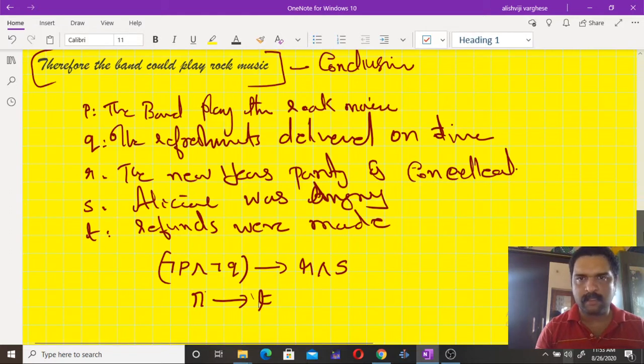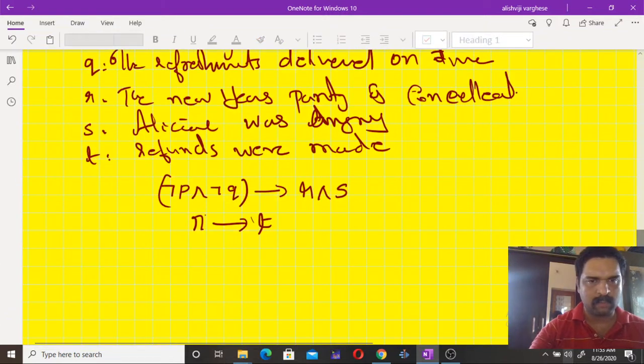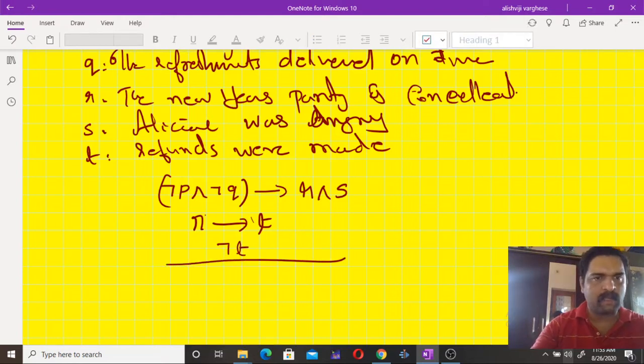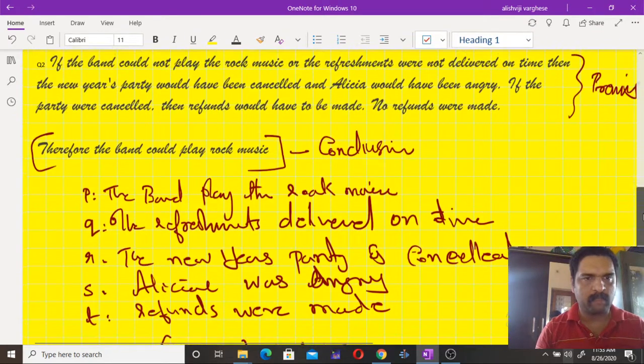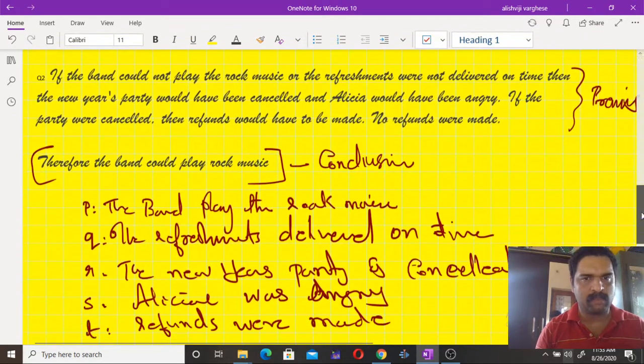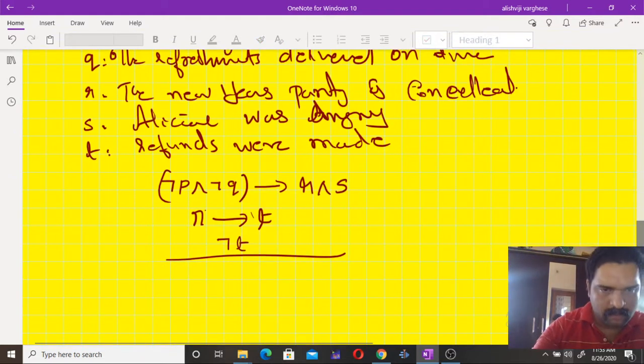No refunds were made, so it is negation T. So these are the premises, and our conclusion is that at the New Year party, the band performed. Therefore, the band could play the rock music. The band plays the rock music, that is our primitive statement P.